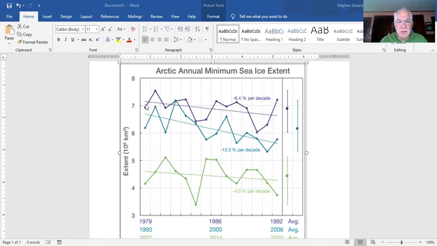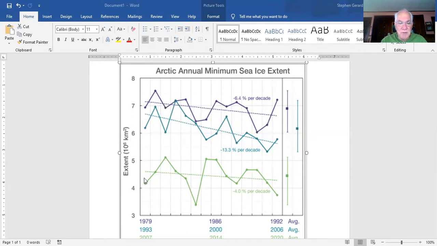What they did is they took 3 14-year periods and they got regression lines for each of the 3 periods. What's notable to me about this is the way they did it. For the first 14-year period, the rate was a negative 6.4. That's the rate of decline. For this period in here, which was 1993 through 2006, the rate of decline was 13.3%.